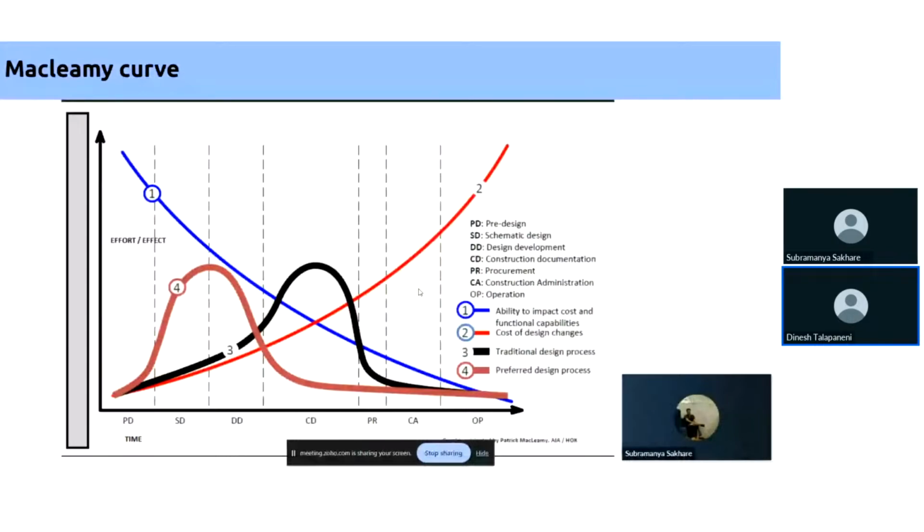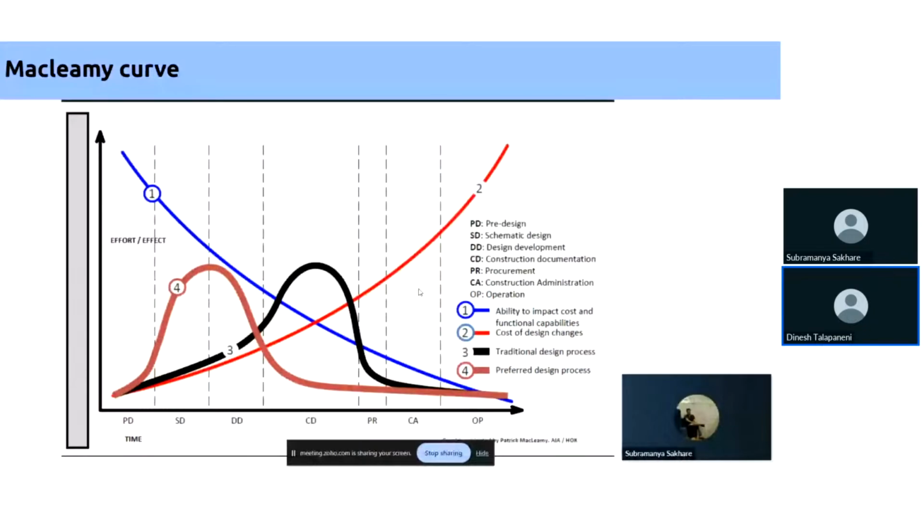If you look at curves 3 and 4, curve 3 is the traditional design process that we follow, where we spend a lot of our time and effort in the construction stage. When you're doing a lot of things in construction documentation, the cost of design changes is high, which will affect both the cost and the time of the project, but it will not give a major impact on the feasibility of our project.